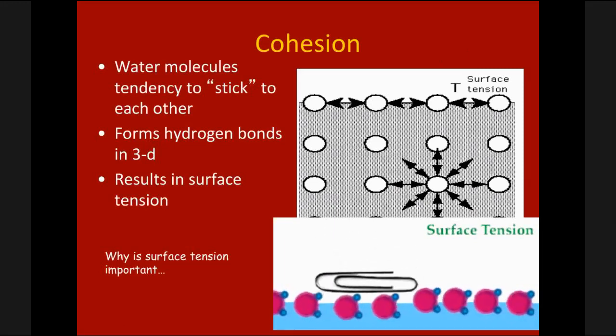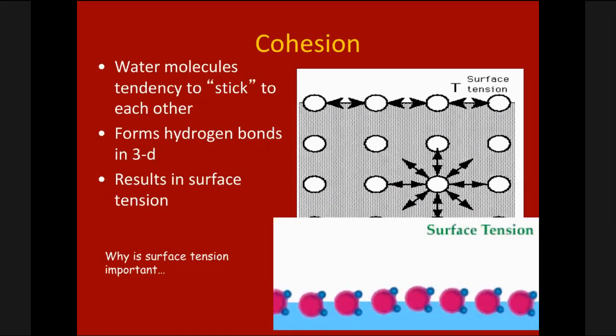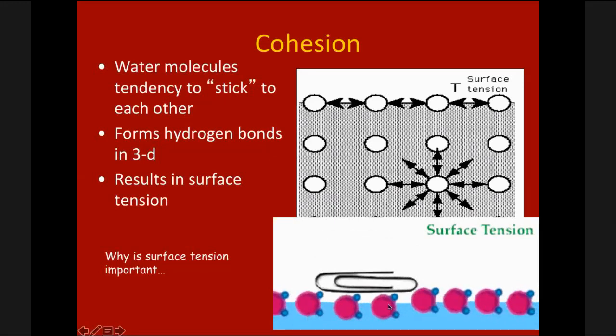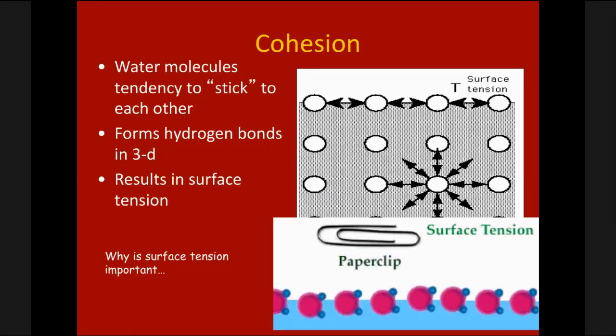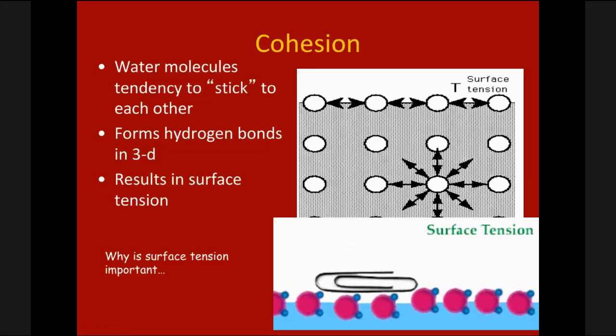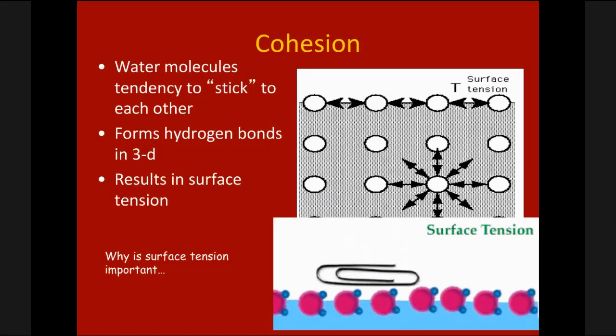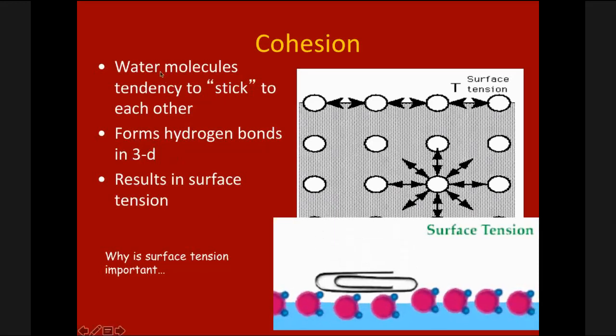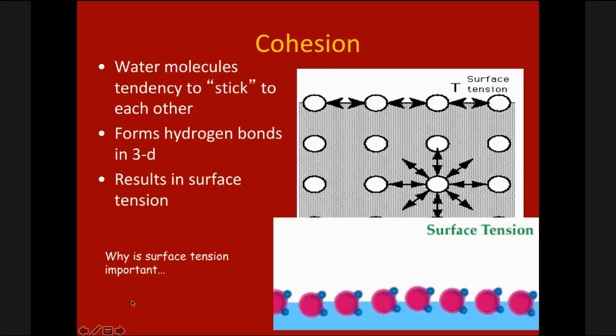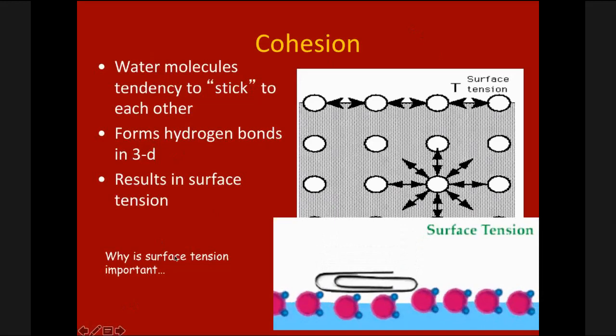And at that surface, whether it's the surface of a lake or the surface of your glass of water, right, the water molecules at the top are just going to be forming bonds with each other, kind of in 2 dimensions instead of 3 dimensions. Right? So they're going to create a surface, right, a barrier. And that barrier, that surface, is called surface tension.